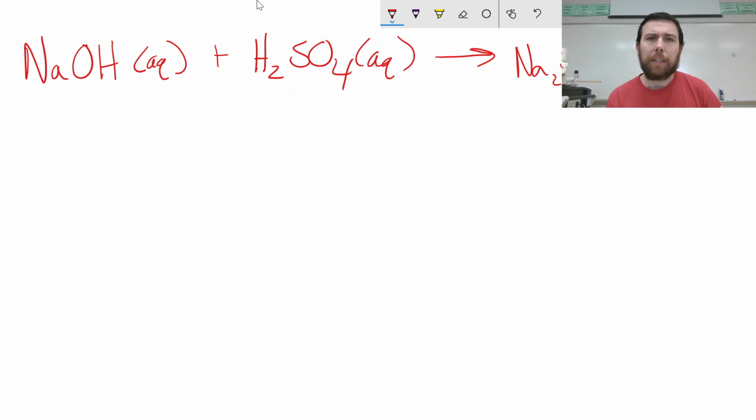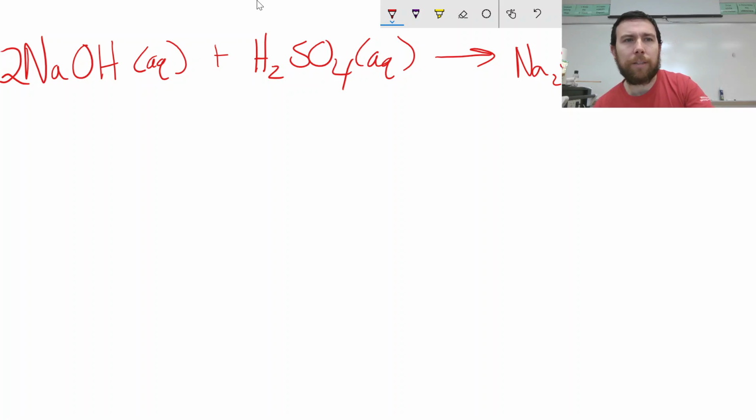Now, the only thing we need to do before we try to tackle any of the other pieces of information that have been given here is we need a balanced equation, right? We're doing stoichiometry. We have to have that balanced equation. And the thing that I notice is that I've got 2 sodiums on the right. I only have 1 on the left currently, so I'm just going to put a 2 in front of my sodium hydroxide.